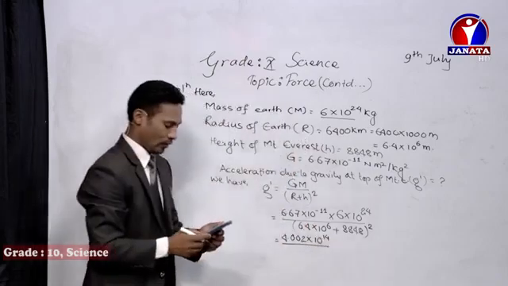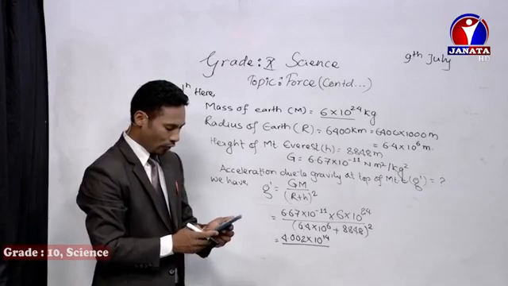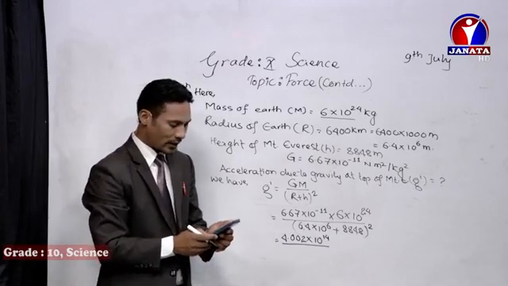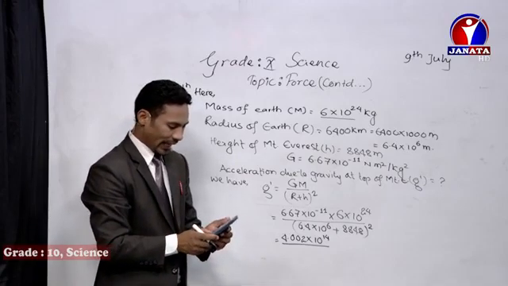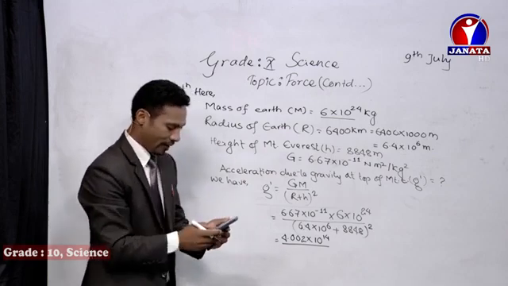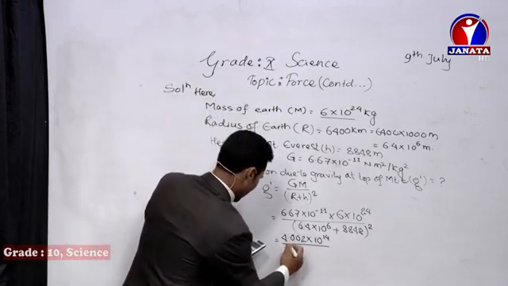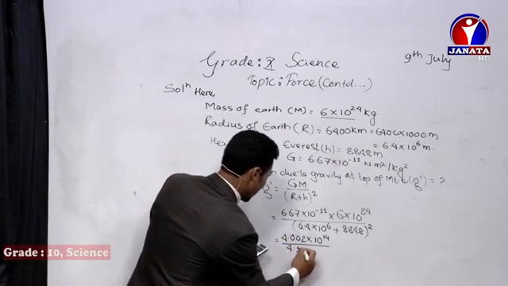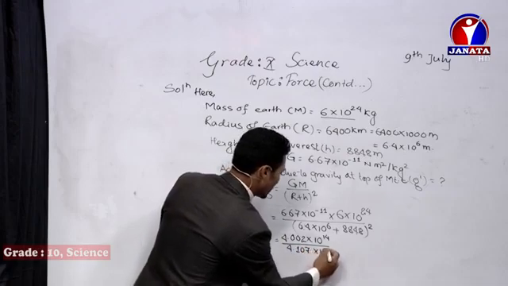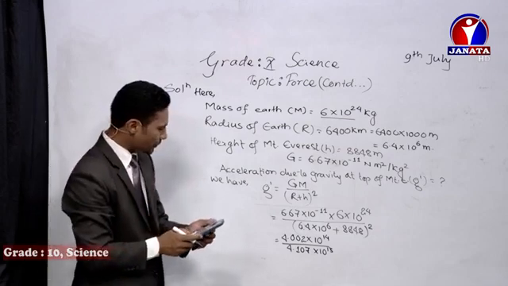Divided by, so let's simplify this denominator also, 6.4 into 10 to the power 6 plus 8848, and to the square. So let's square this. It gives 4.107 into 10 to the power 13. So let's divide this.